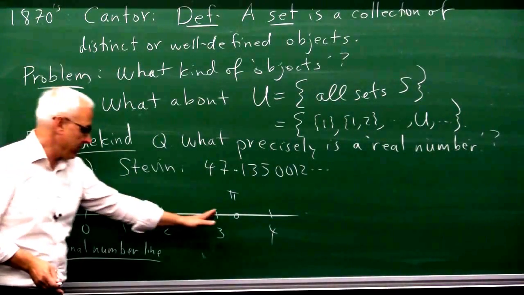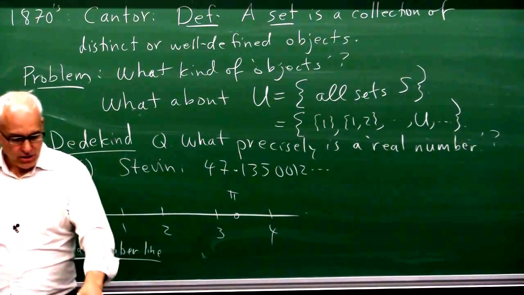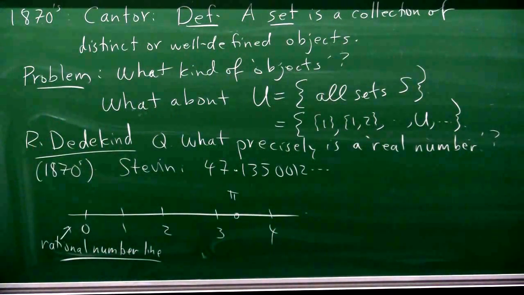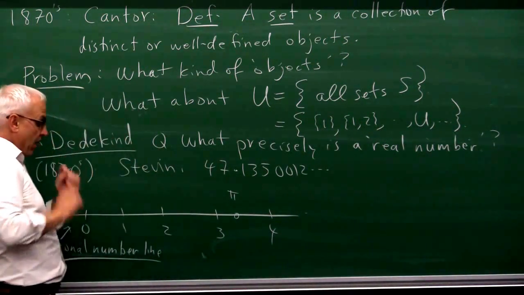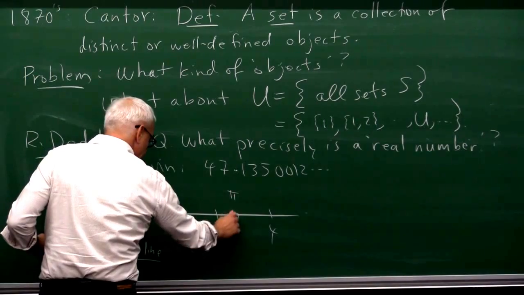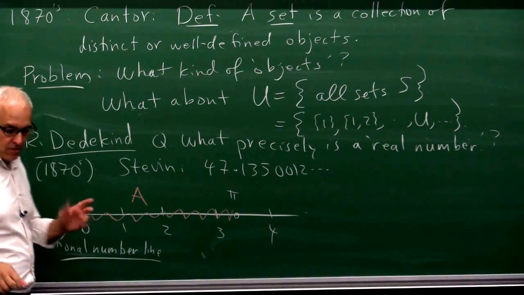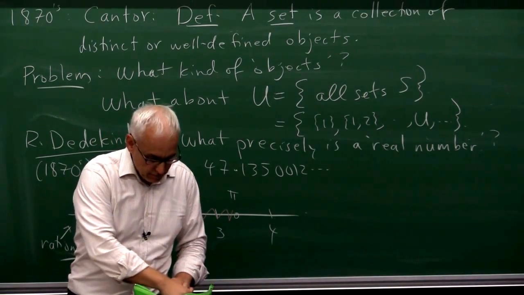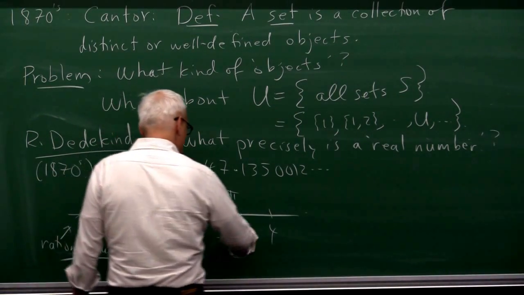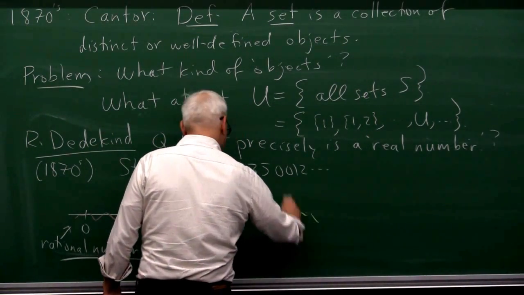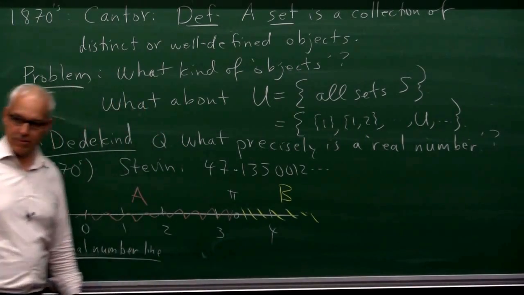It's like a gap in the number line. So Dedekind said, all right, well, let's use the fact that it's a gap. There may be a hole right there where we think pi is, but that hole separates the rational numbers into a set A on one side, and let's say the set B on the other side.